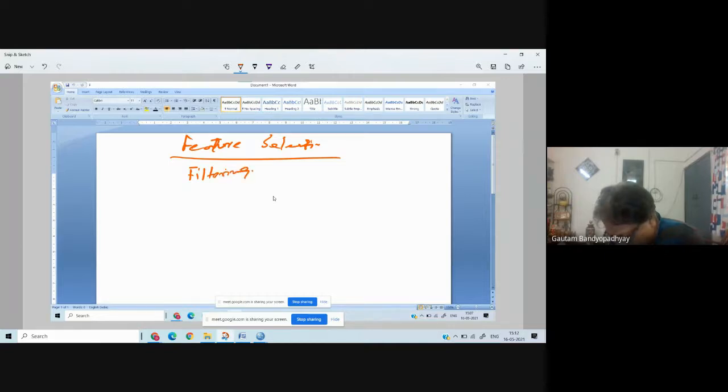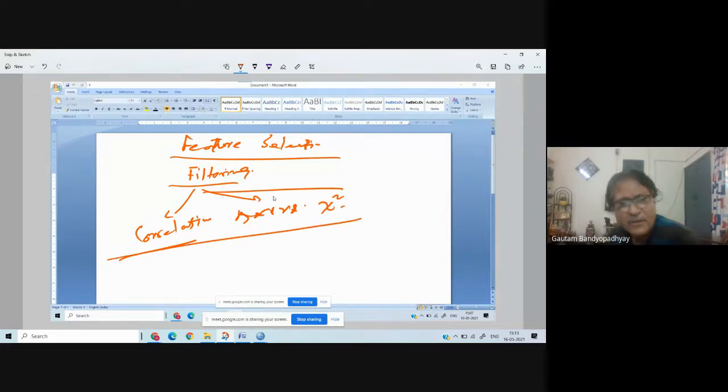This filtering method consists of correlation, ANOVA and chi-square, which you have already solved. Another method is the wrapper method. This is only selection, that is basically feature selection, and for this we apply regression analysis.